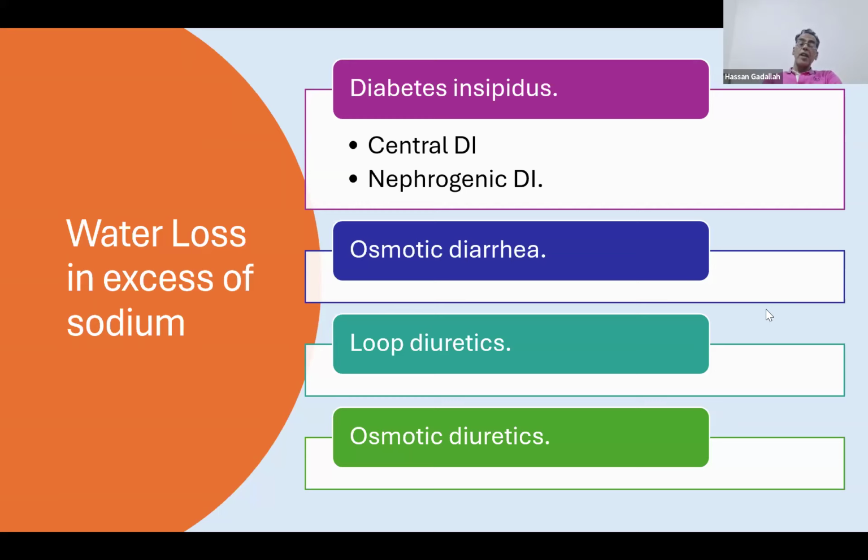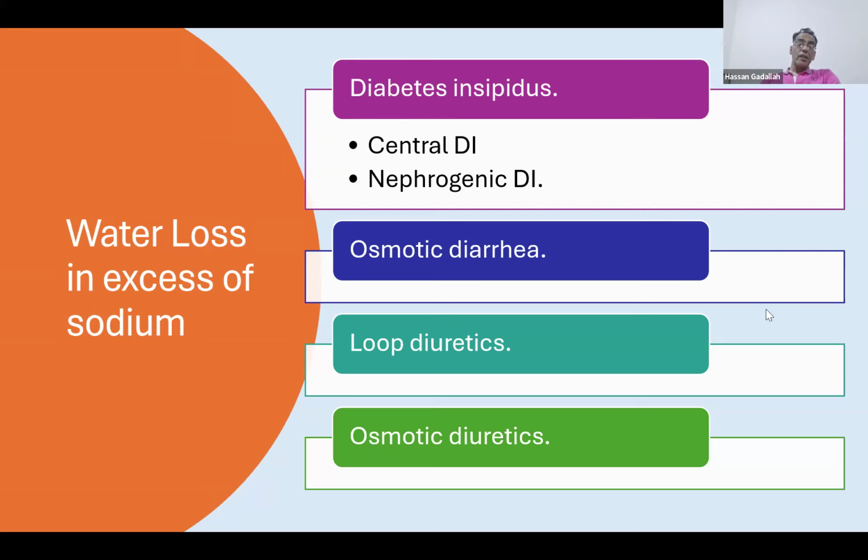The second type is nephrogenic diabetes insipidus. In such cases, there is secretion of antidiuretic hormone, but the kidney is not responding to this antidiuretic hormone, leading to diabetes insipidus.